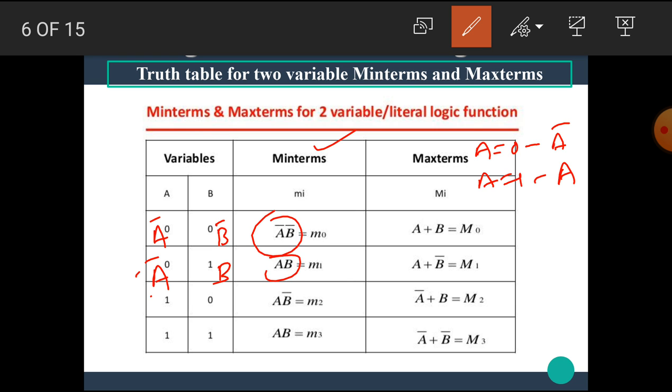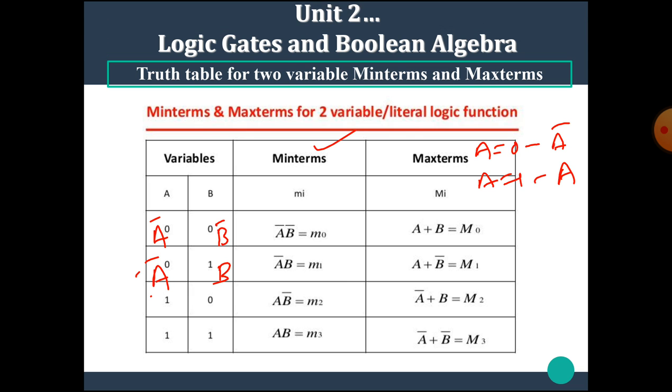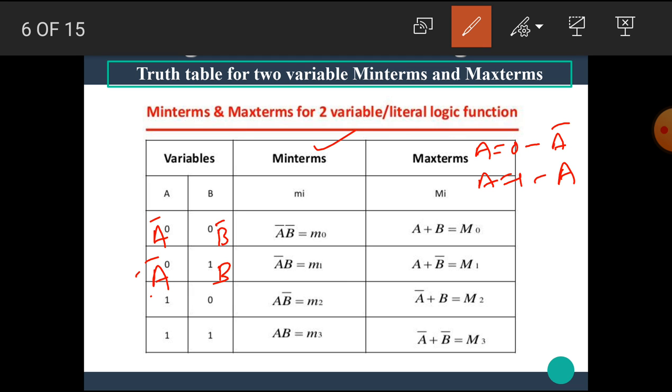Here a has the value 0, hence a bar, b has the value 1, hence b, so we get the min term a bar b. Next, if a has the value 1, that means a, and b has the value 0, that means b bar, we get the min term a b bar. Both having value 1, that means a and b, we get the min term a into b.